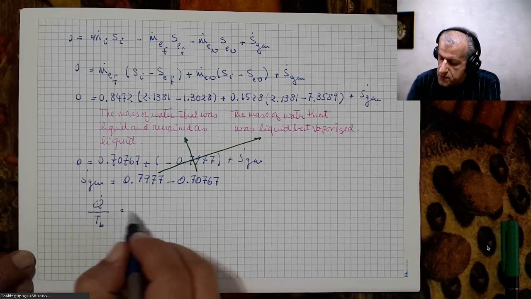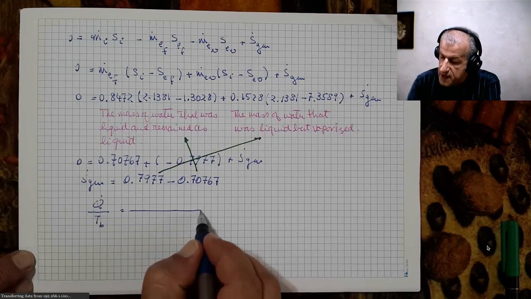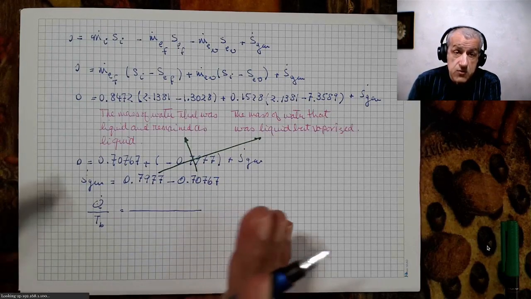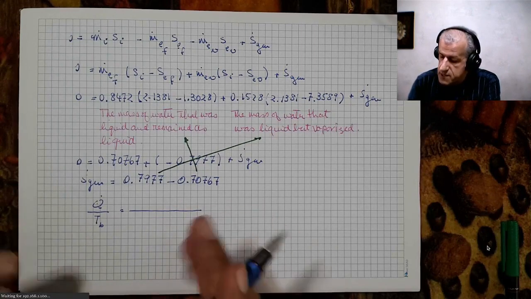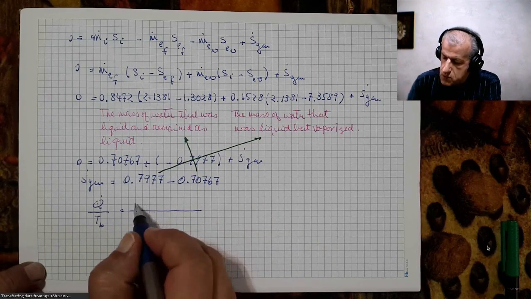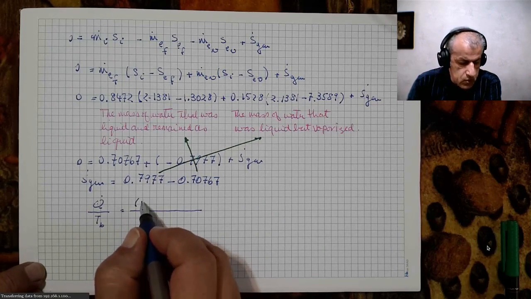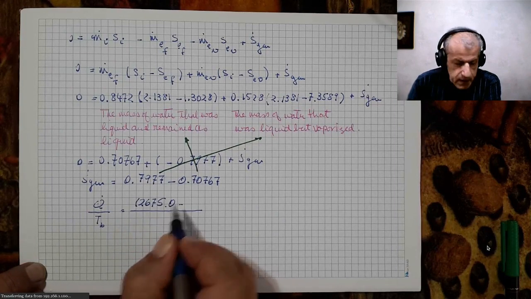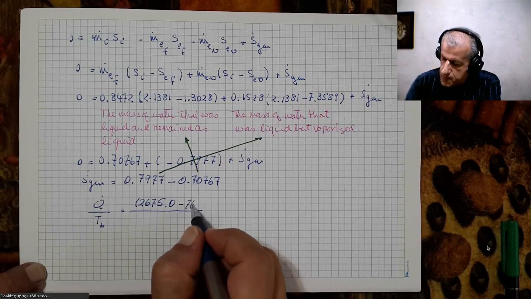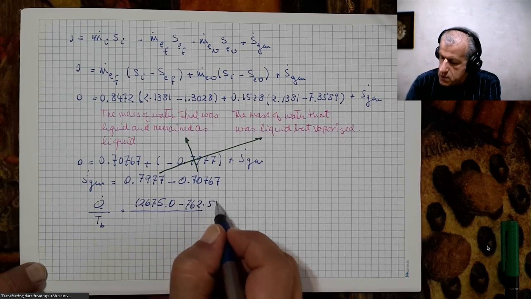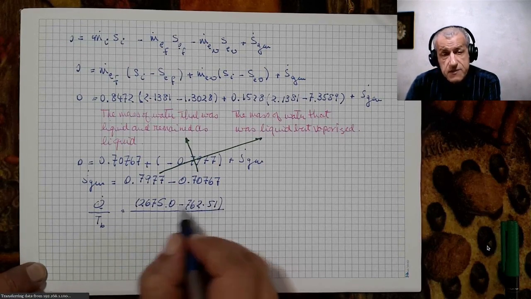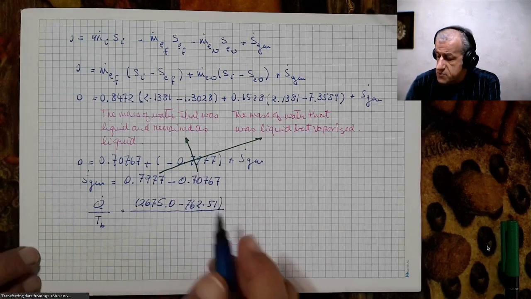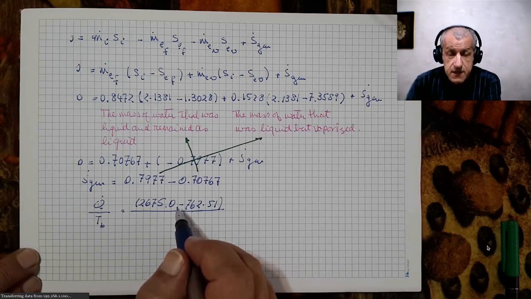Now, the amount of heat transfer is the vapor's final enthalpy. If we assume that Q is the difference between enthalpies, then Q dot would be 2675 minus 762.51, which is the difference between initial and final enthalpies, just an assumption of the level of heat required, just an estimation.